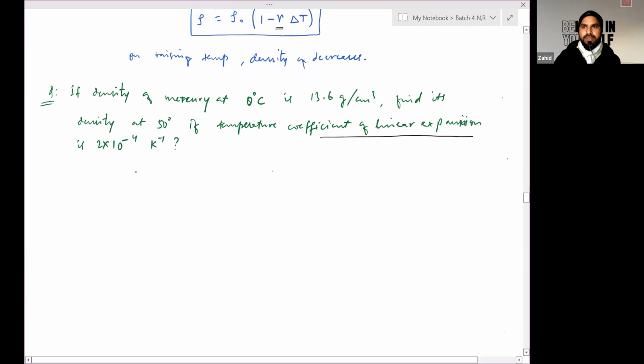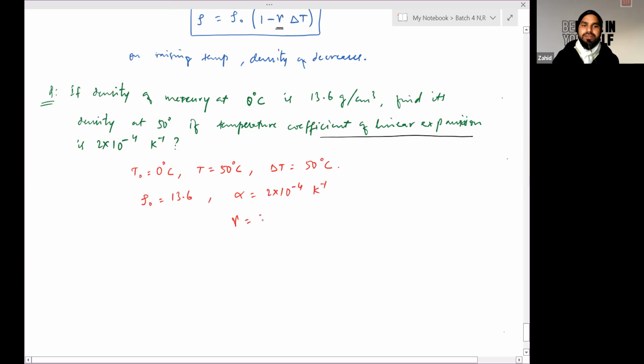Let me solve. We have initial temperature 0 degrees Celsius, final temperature 50 degrees Celsius. So delta T will be 50 minus 0, that is 50 degrees Celsius. Initial density is 13.6. Alpha is 2 into 10 to the power minus 4 Kelvin inverse.